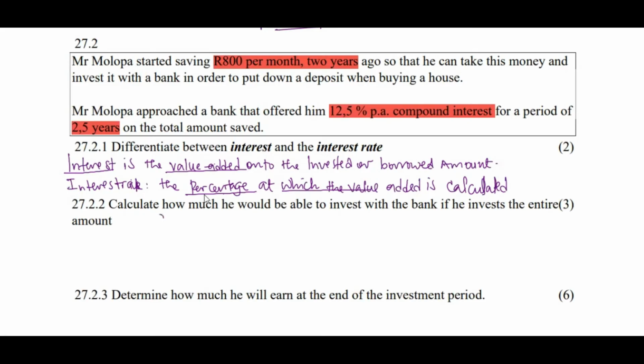So 800 per month over a period of 2 years is the same as 800 times 24. And the answer you get is 19,200. This is the money he wants to invest.